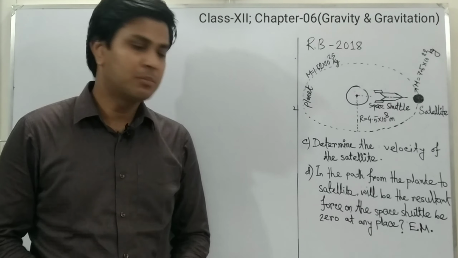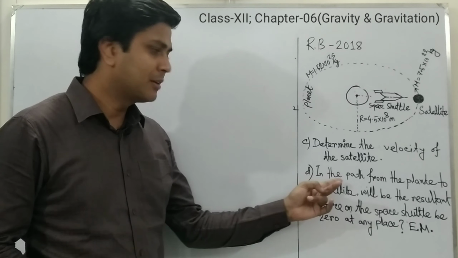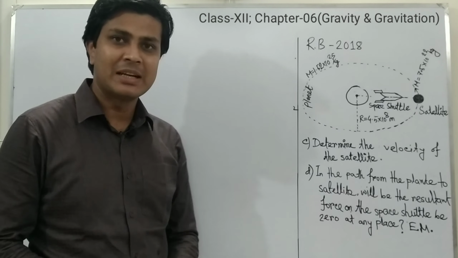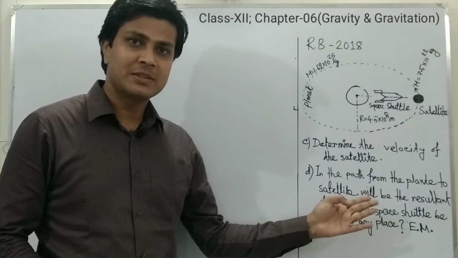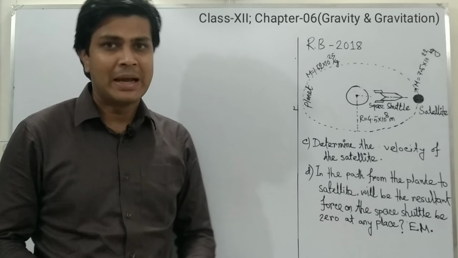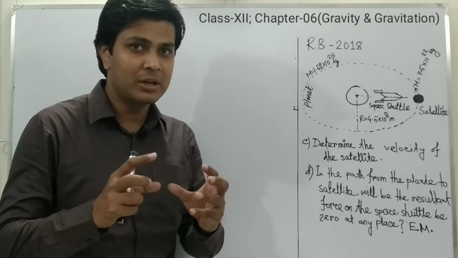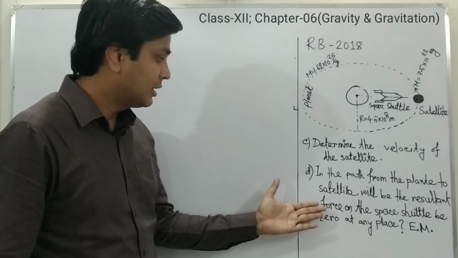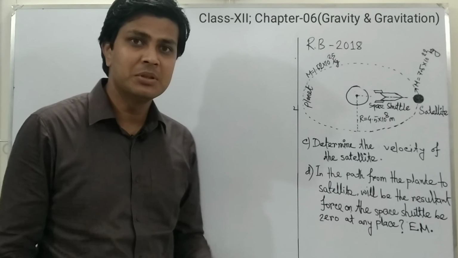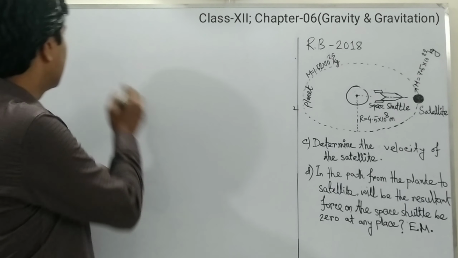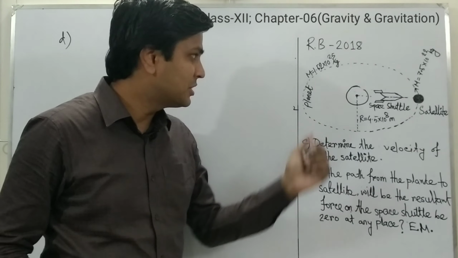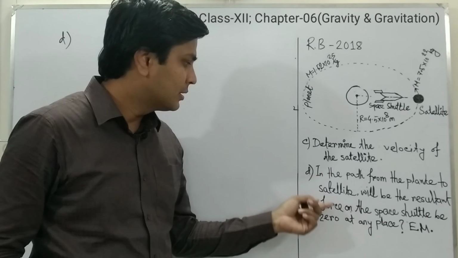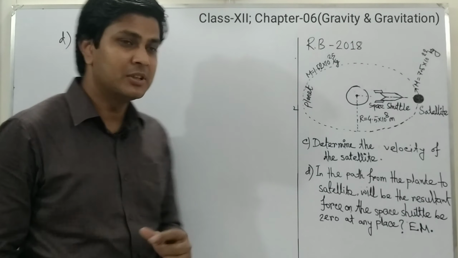Now question number D. The question is, in the path from the planet to the satellite, will the resultant force on the space shuttle be zero at any place. That means you have to calculate the place where the effective or resultant force will be zero. Let us see the solution here. If we consider at x meter distance, the resultant force will be zero.